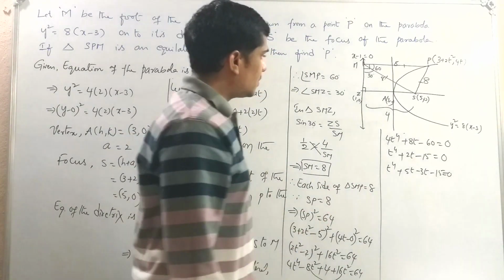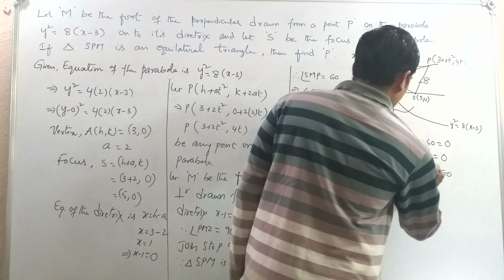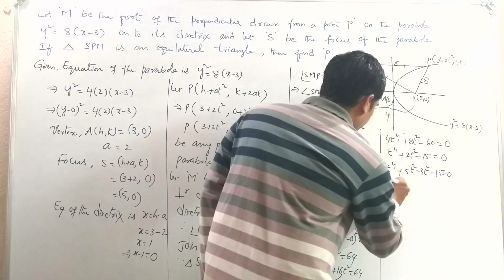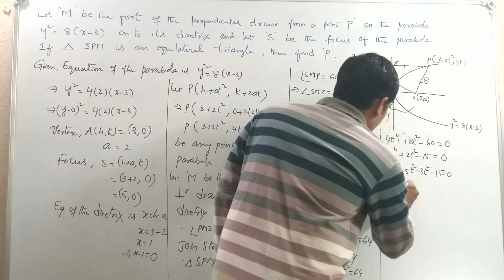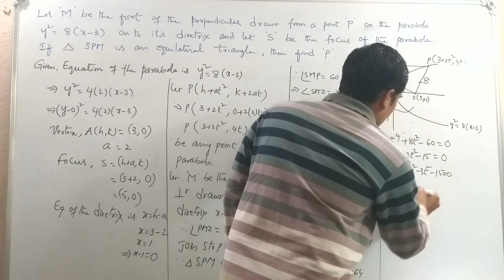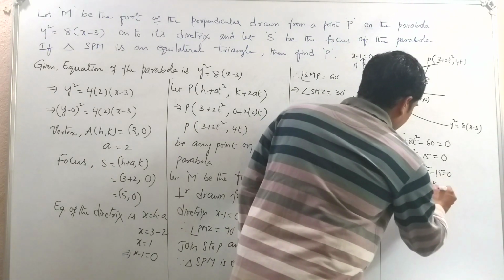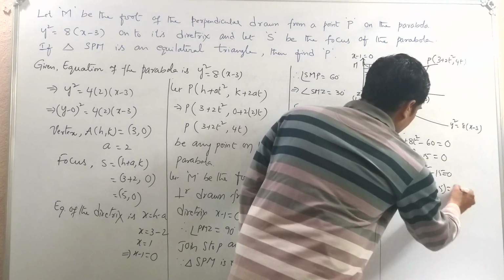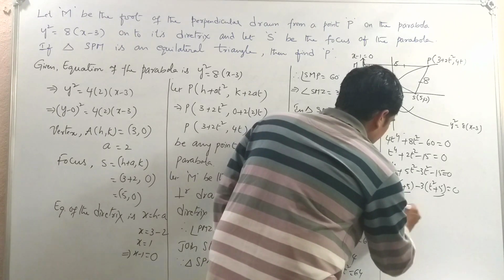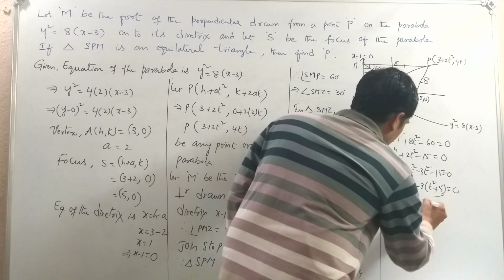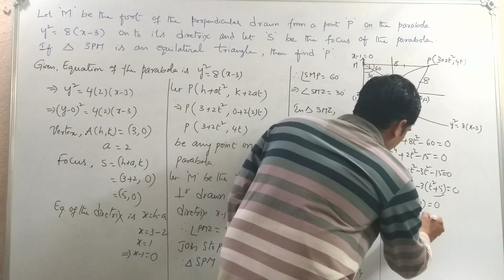In the first two terms, t square is common. If I take t square common, I get t square into (t square plus 5), and in the last two terms minus 3 is common, so minus 3 into (t square plus 5). Again t square plus 5 is common, so (t square plus 5)(t square minus 3) is equal to 0. From this, t square value is minus 5 or 3.